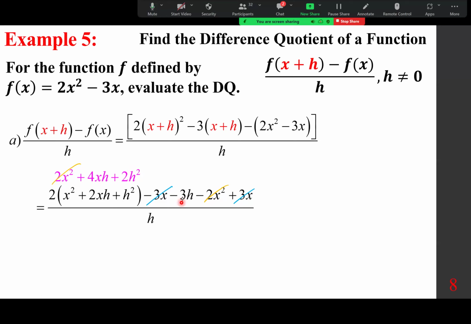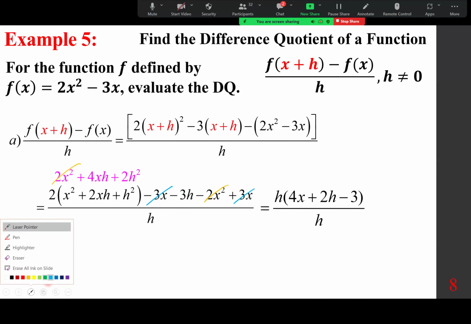So we take the h out. If I factor the h out, this gives me 4x. This gives me 2h. This gives me negative 3. I can drop the common factor of h. And the parentheses 4x plus 2h minus 3 is the final answer.